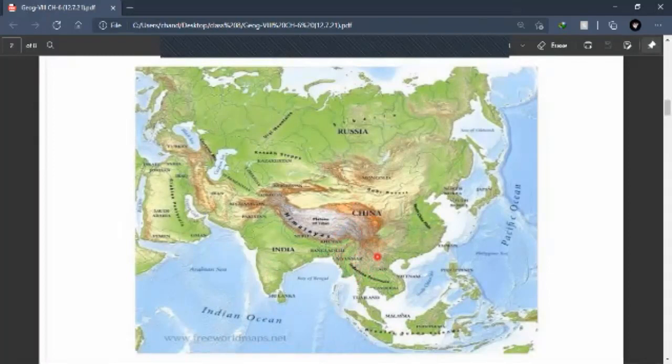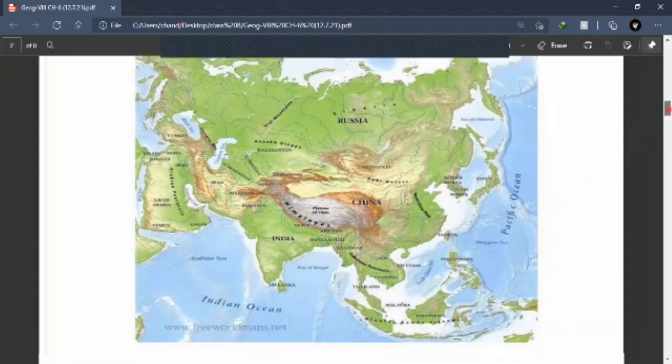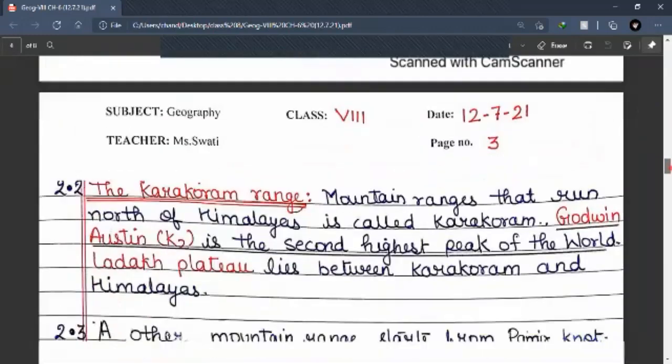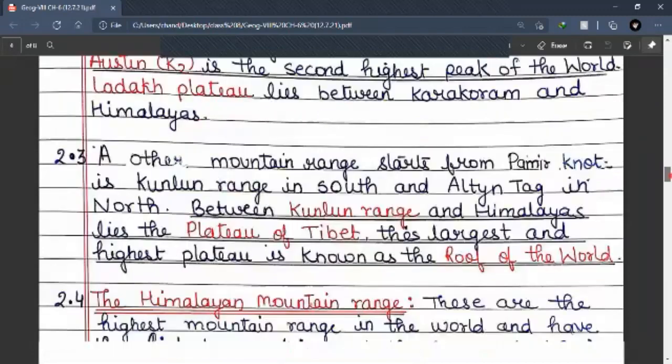The fourth physical division is the Great River Basins. Several large rivers rise in the mountains and plateaus of Asia. These rivers are mostly snow-fed and perennial.